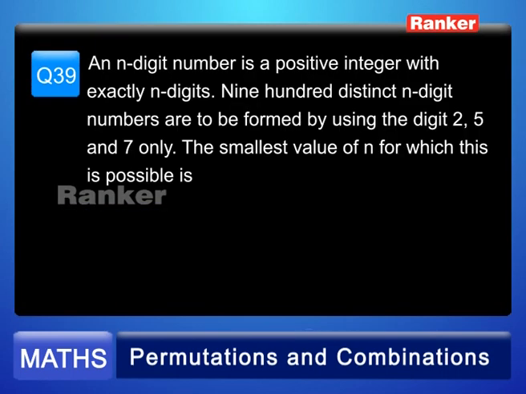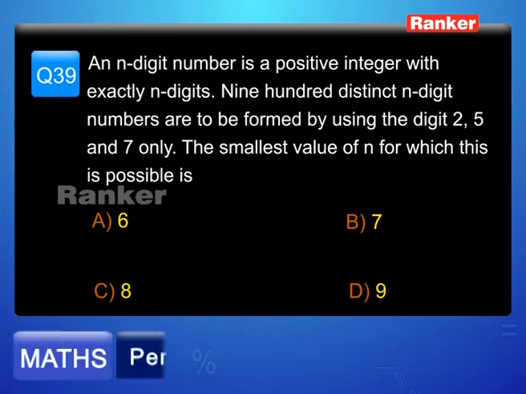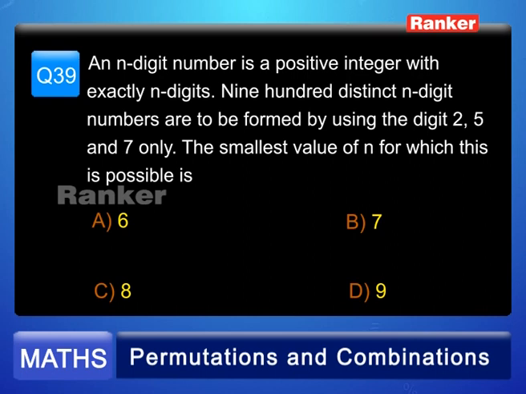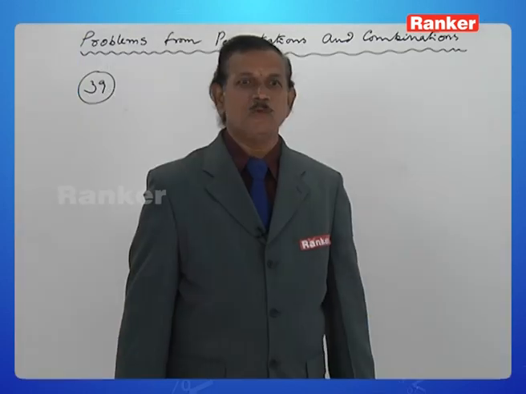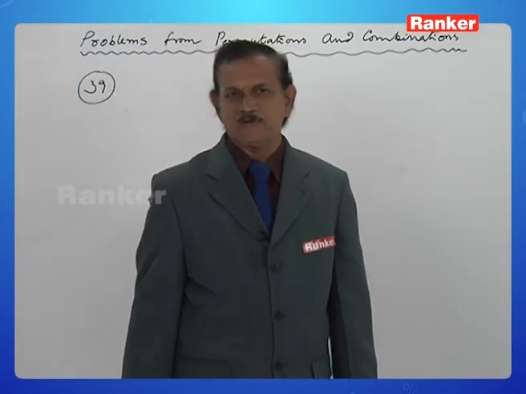The next question before us is question number 39. What is the question here? An n-digit number is a positive integer with exactly n digits. 900 distinct n-digit numbers are to be formed by using the digits 2, 5 and 7 only. You follow the restriction very carefully.